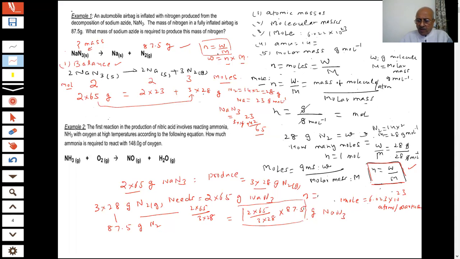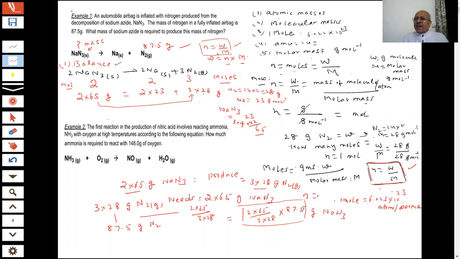What relationship have we found? Mole, mass, and molar mass. This calculation you can easily do with the calculator and find out how much mass will be required. Tell me, any doubt? No, good. It's very interesting, but we have to practice.